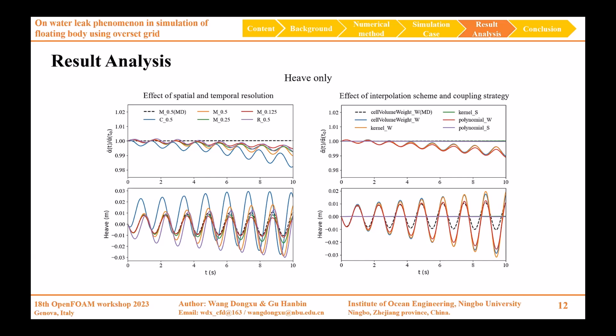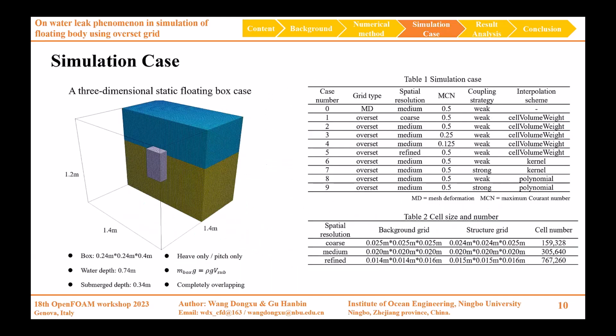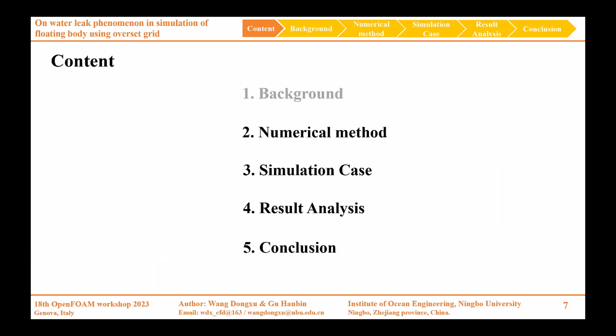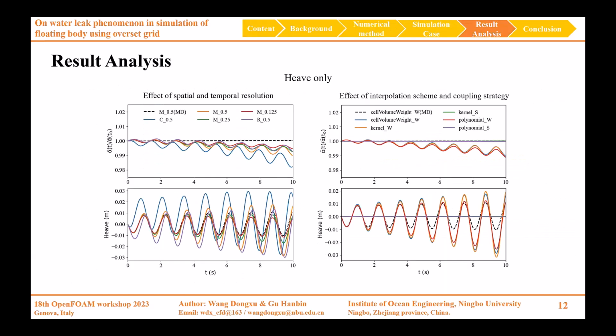And with the use of strong coupling, because the velocity matrix is updated in each outer loop, the problem in the solving process may be alleviated, and the box can stay still. And because at the start of the case the two grids are completely overlapping each other, it may help to alleviate the water leak phenomenon. That's my opinion.